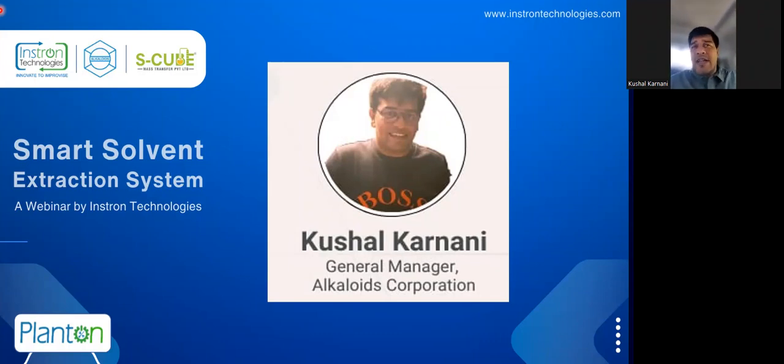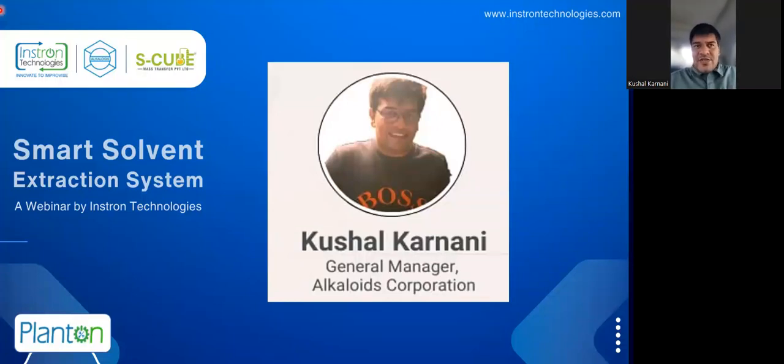There is a book by the father of herbal medicine named Acharya Charak, and in his book, he used a chisel stone to extract medicine, herbal extraction, for the first time. Since then, it has just been uphill, and extraction is nothing but evolution now. The next step of evolution is the role of automation and smart solvent extraction in our system.